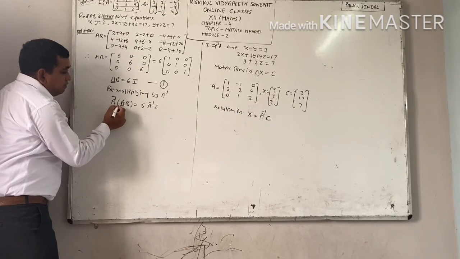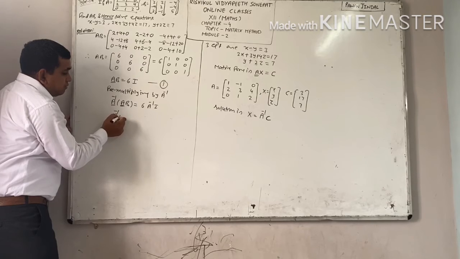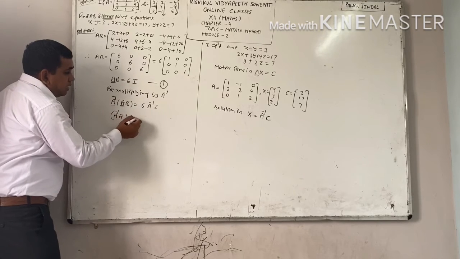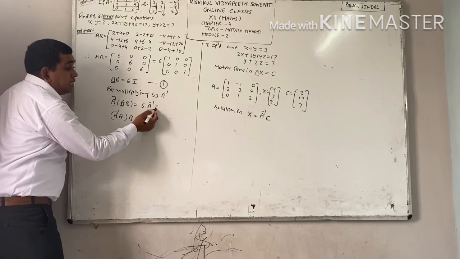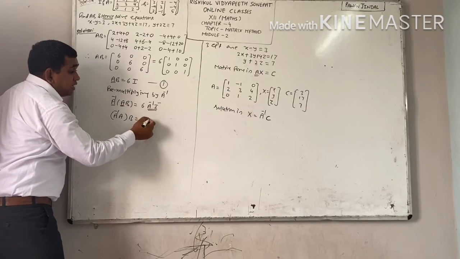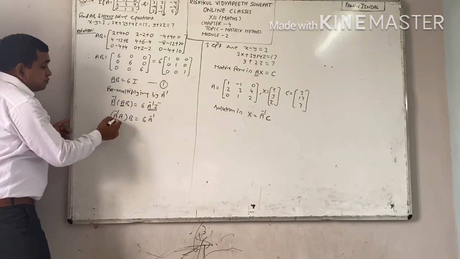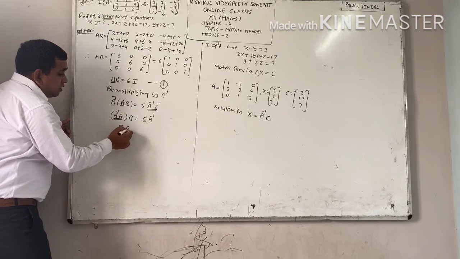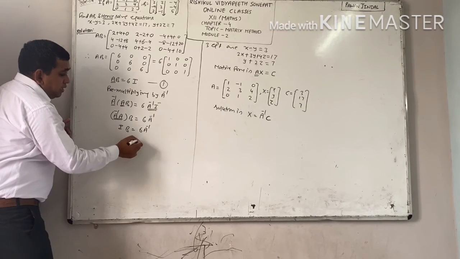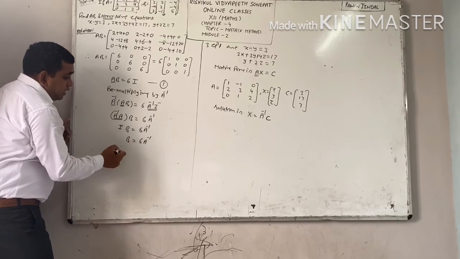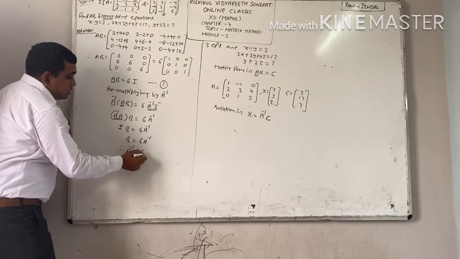Take this A with this A inverse. You will get A inverse into A, B equal to 6 A inverse into I. When we multiply identity matrix with any matrix, we will get the same answer. A inverse into A is I, I into B, again B. Therefore, A inverse equal to 1 by 6 B.